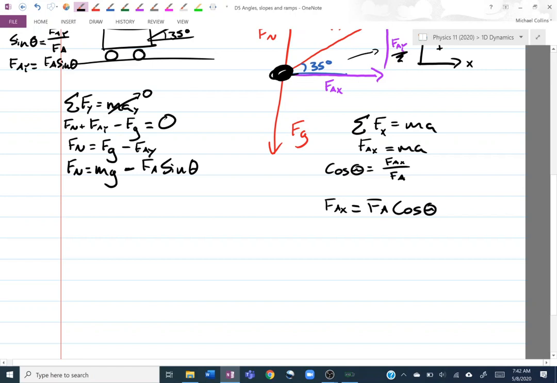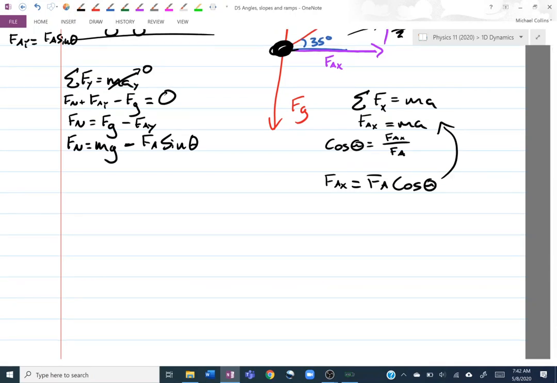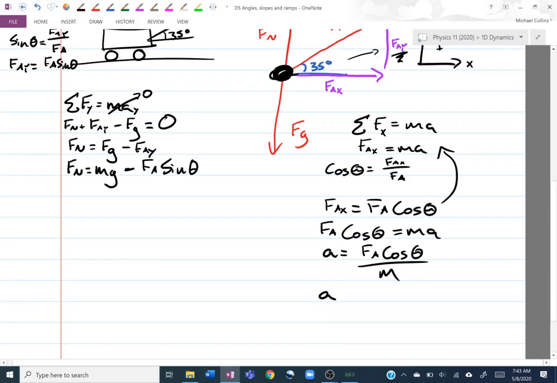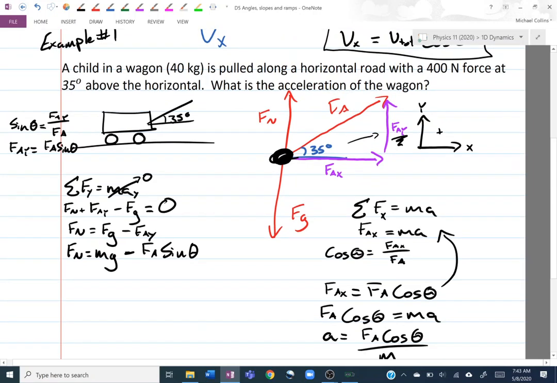I can substitute that into my Newton's law expression, and I get Fa cos theta is equal to ma, so that my acceleration is equal to Fa cos theta divided by m. I've got to scroll up a little bit to look at what that was.